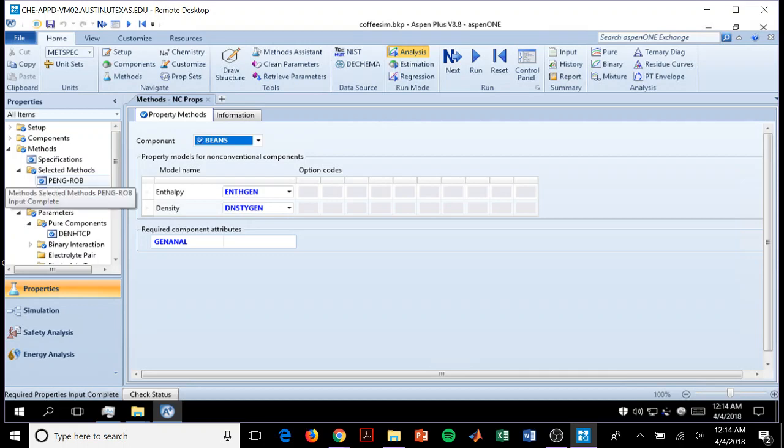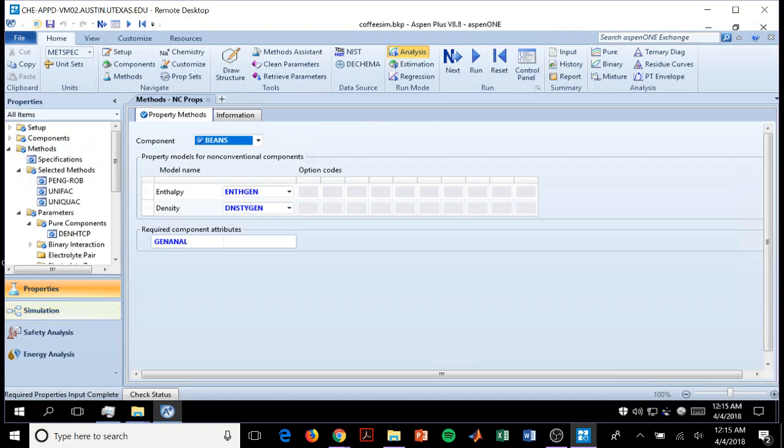Peng-Robinson method is used because it is an industry standard, and so it is the equation of state of choice. UNIFAC and UNIQUAC is used to be able to perform thermodynamic calculations for the beans against the caffeine and the water and the CO2. Without these, Aspen cannot recognize some of the properties of the caffeine and the beans, and so it will not perform the calculations necessary if these aren't inputted in.